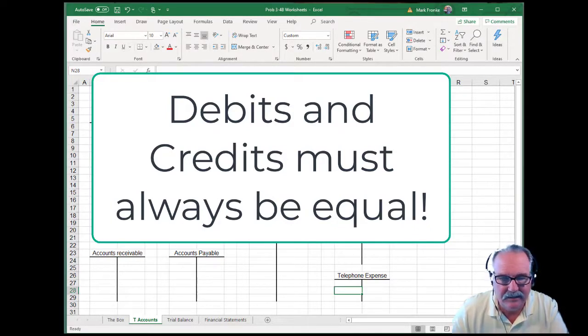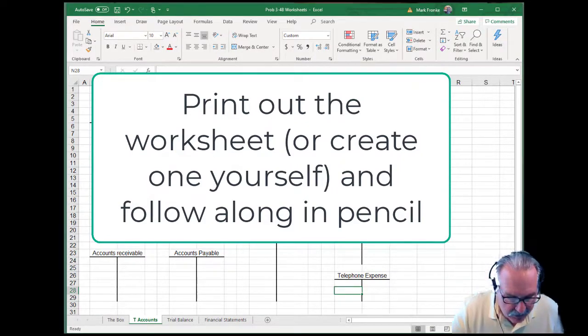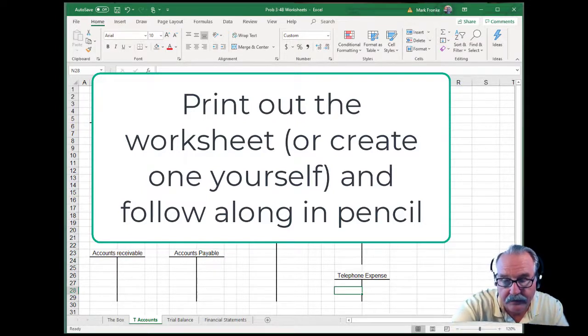We could have 10 accounts that are affected as long as debits equal credits. That's a key factor to this. Debits have to equal credits. So I'm going to designate the transactions that are listed in your book. This is on page 85, and they've listed these A through S.